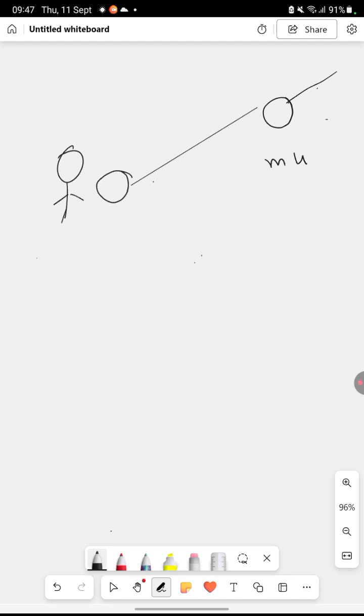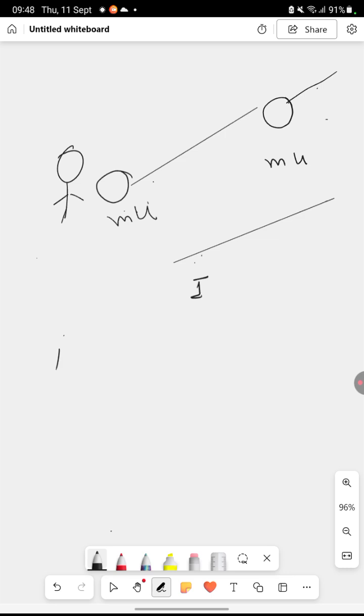If he catches it and stops it at the place, its velocity will change. The change in momentum from here to here will give us impulse. What if he changes its momentum slowly?